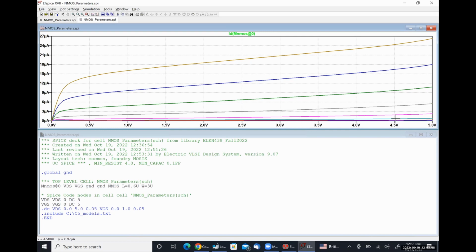And then down here, this would be 0.75. And then the one directly below that is 0.70. So our threshold voltage is somewhere between 0.70 and 0.75 by my inspection here.